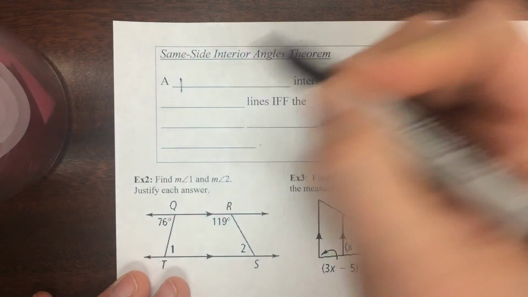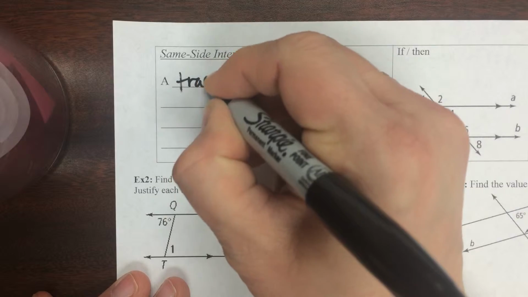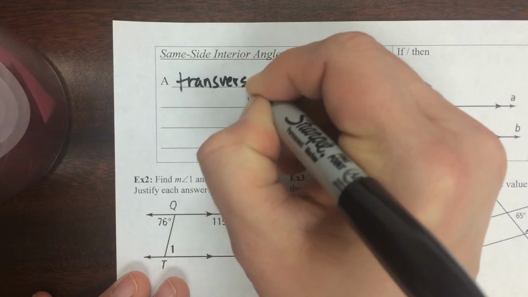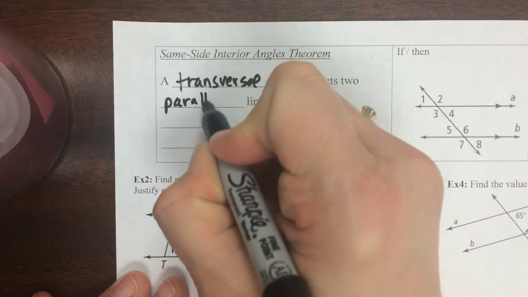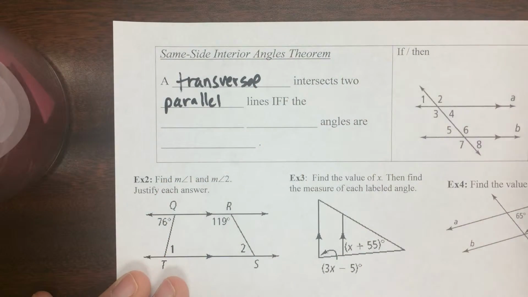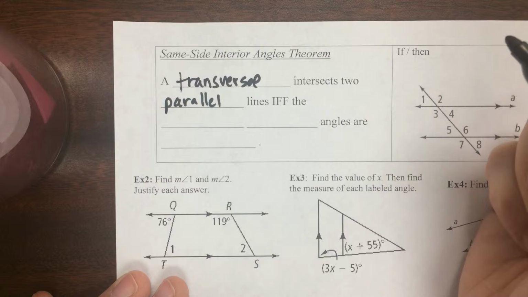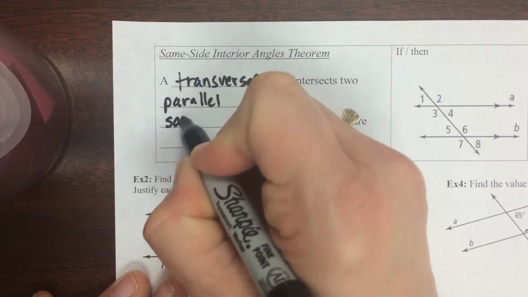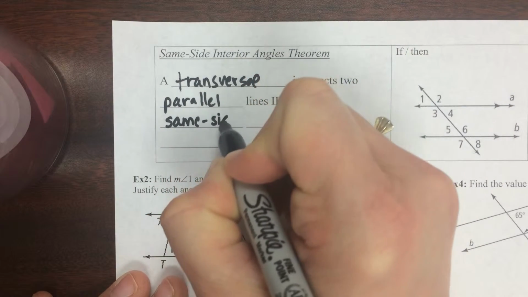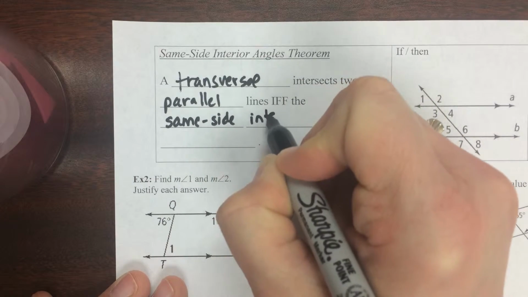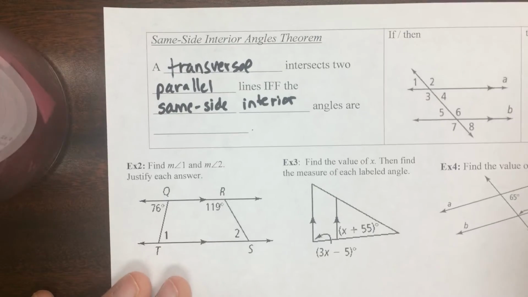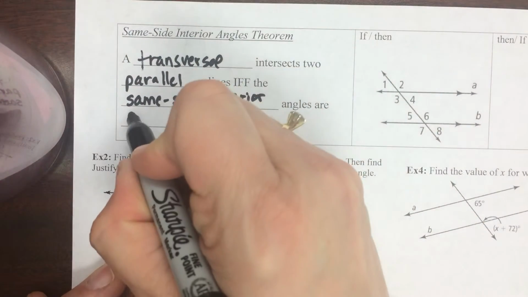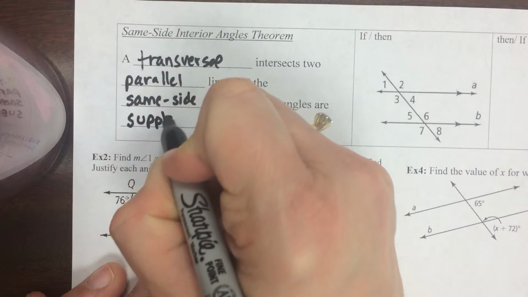All right, so a transversal intersects 2 parallel lines if and only if the same side interior angles are, now this one's different, this one is supplementary.